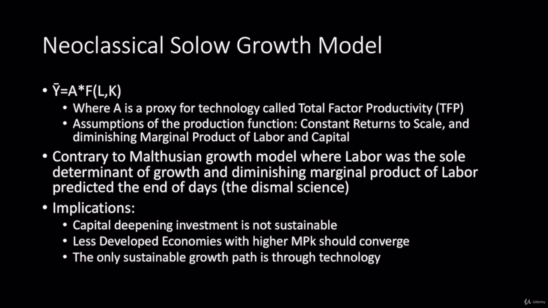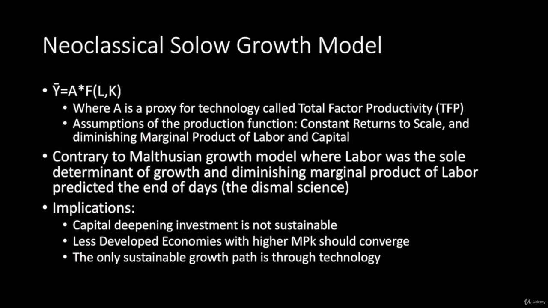And he predicted essentially an end of days, which is why economics actually got the name of dismal science, this gloomy science that predicted the end of the world. So what are the implications of the neoclassical growth model? Well, first of all, Malthus was wrong, because the economy still grew. We were able to maintain much higher levels of global population.